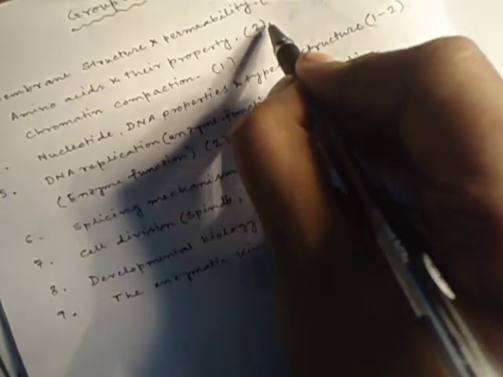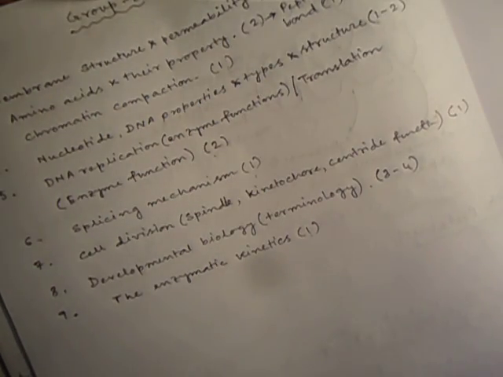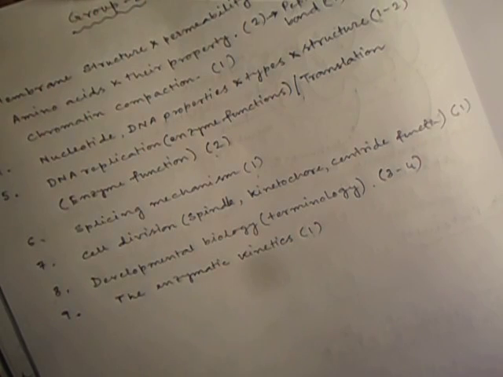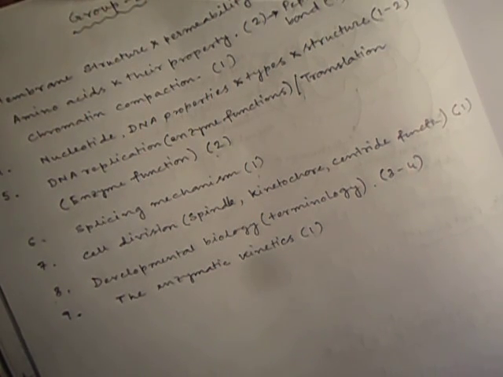And obviously, amino acid and peptide bond, you can get one question from here. Okay, so 16 questions you can get easily if you do that specifically and very well.